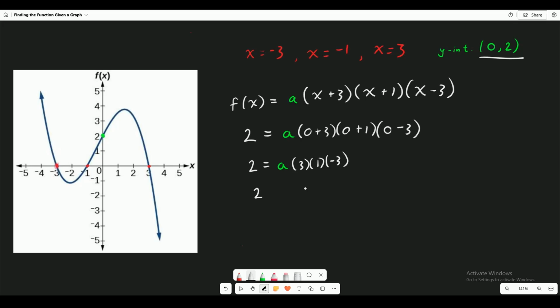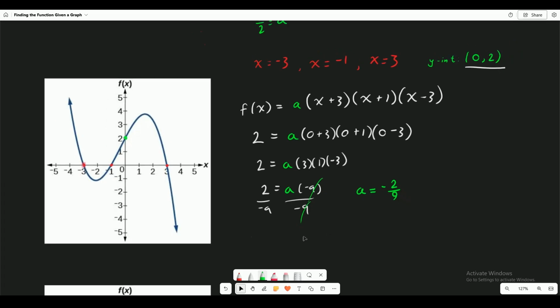That means that 2 is equal to some number a times 3 times 1 is 3, 3 times negative 3 is negative 9. Let's divide by negative 9 on both sides, which means we get a is equal to negative 2/9. This fraction is fully reduced, so we can't reduce it.